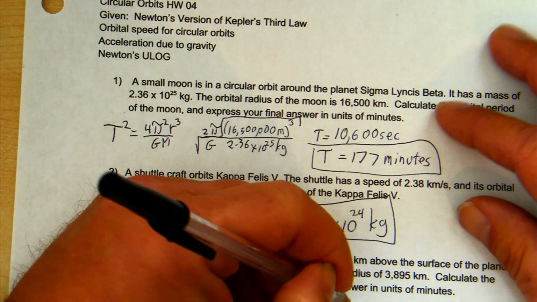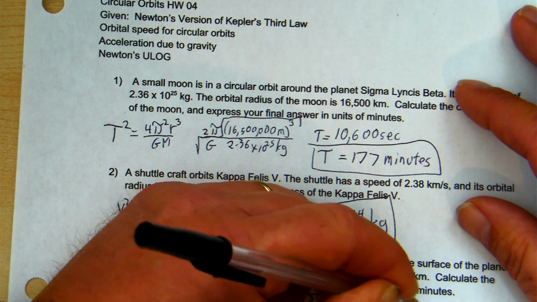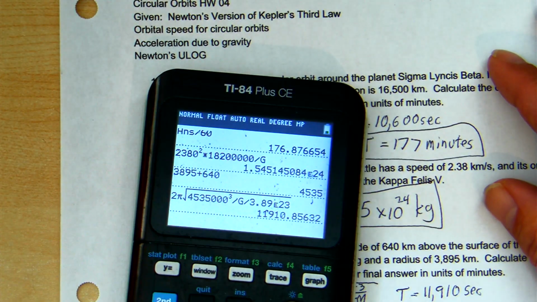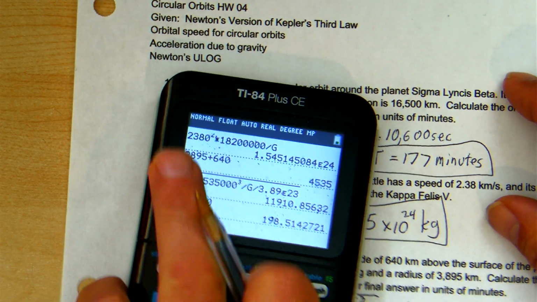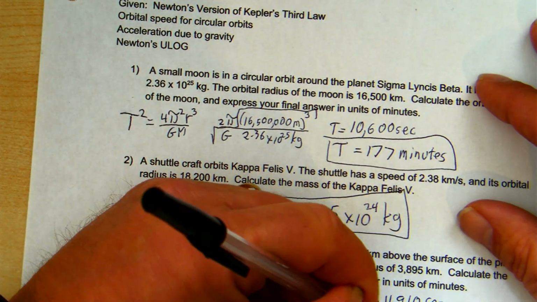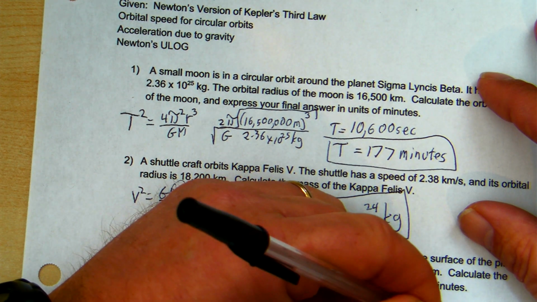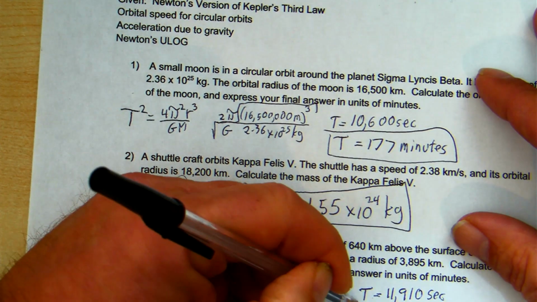And I get an orbital period of 11,900 seconds. To express that in minutes, divide by 60, and I get 199 minutes. And yes, you lose points if you don't express the answer in the units that are requested of you.